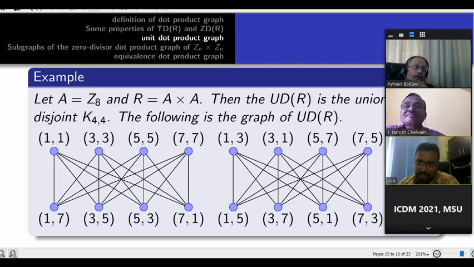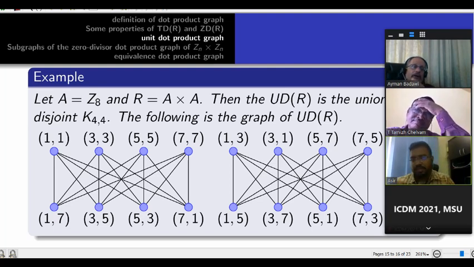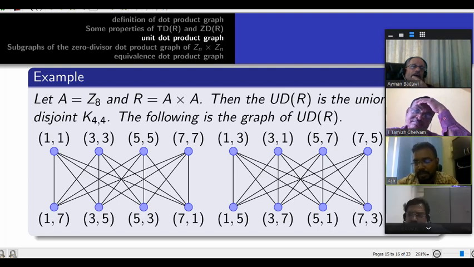If you consider an Artinian commutative ring, then it can be written as a decomposition of local rings. Yes, we know that. In that way, how useful is the study of this graph for studying more properties of the zero divisor graph or total graph?